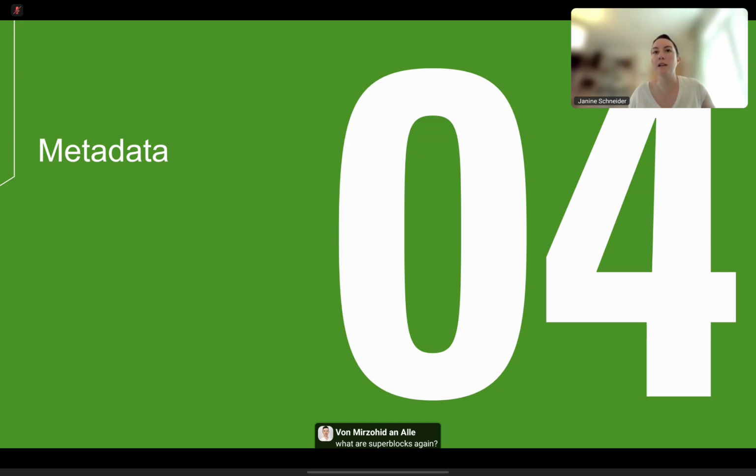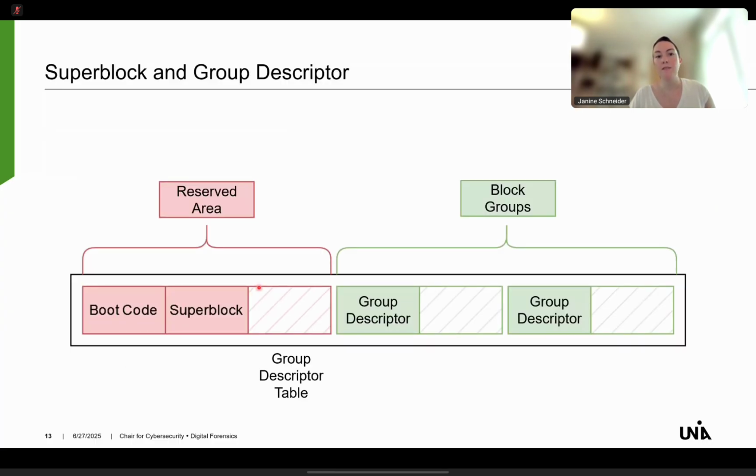What are superblocks again? The superblock is the main data structure in the reserved area that gives us the information about the file system layout. How many blocks do we have? How big are the blocks?